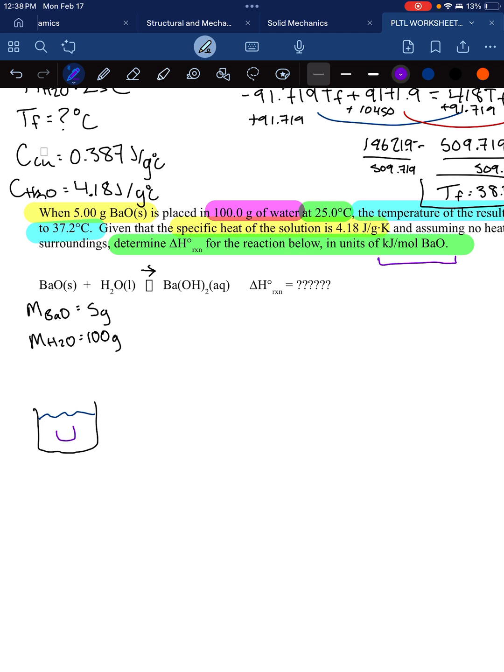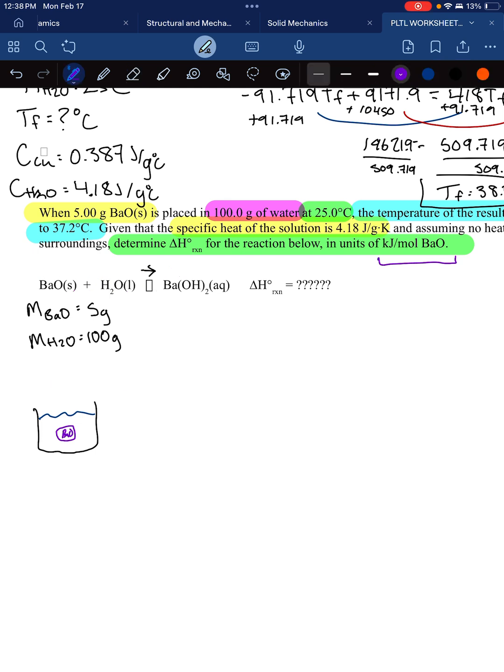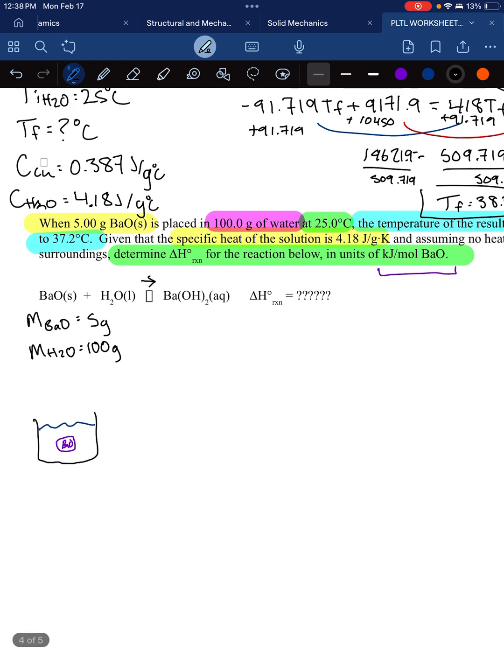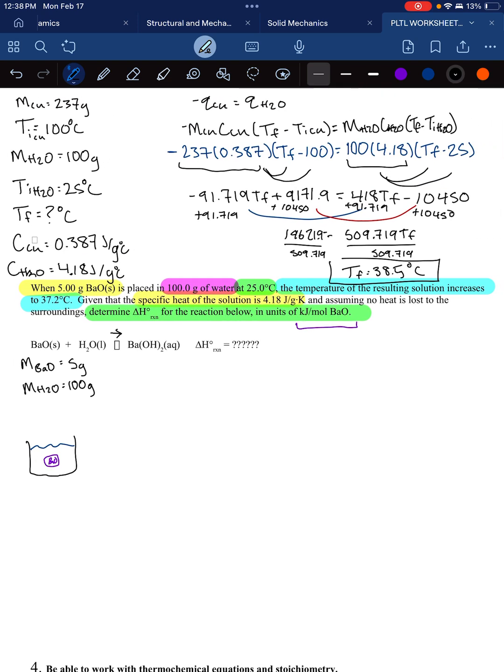We're putting this 5 grams of barium oxide into some water, and it's forming this solution. So this whole thing here is our solution, just some barium oxide in some water. Okay. And it says that it is at 25 degrees Celsius. We'll talk about that a little more to see where we want to put that first.